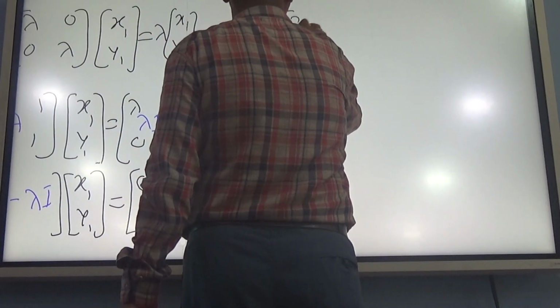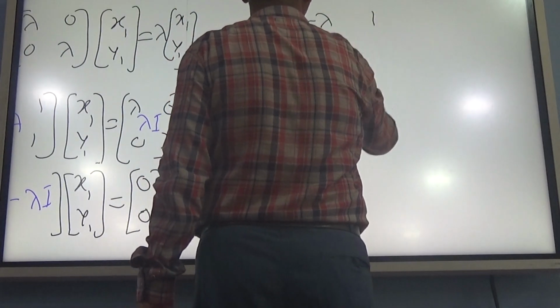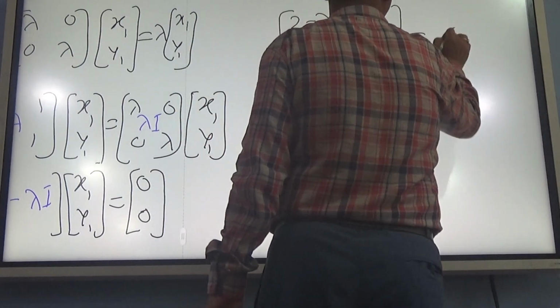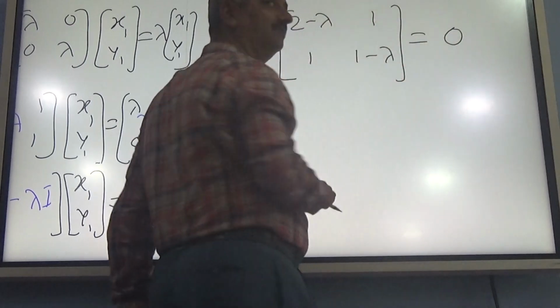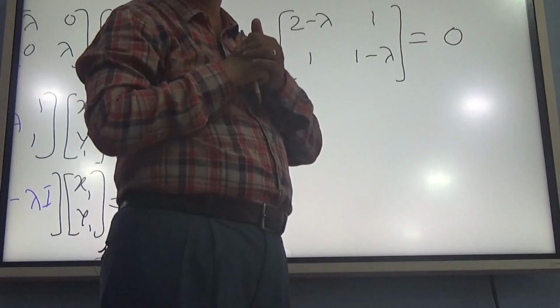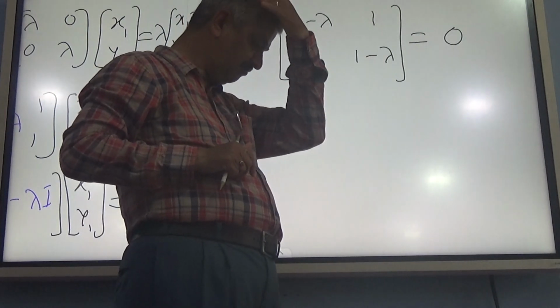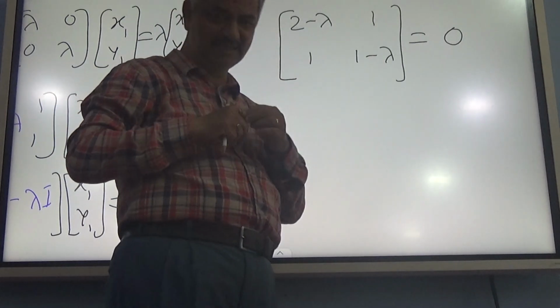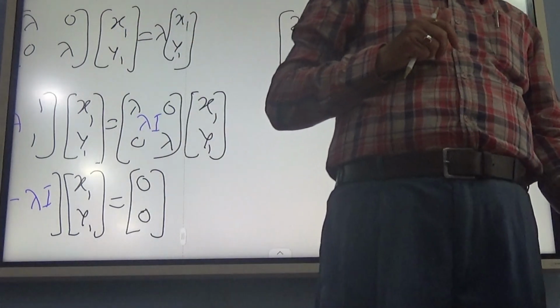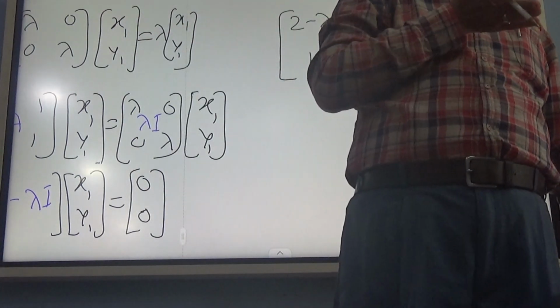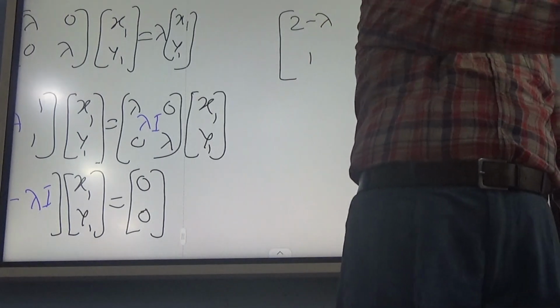It is 2 minus lambda, 1, 1, 1 minus lambda. That must be 0, meaning its determinant must be 0. If the determinant is 0, then that multiplier makes a non-zero vector 0.